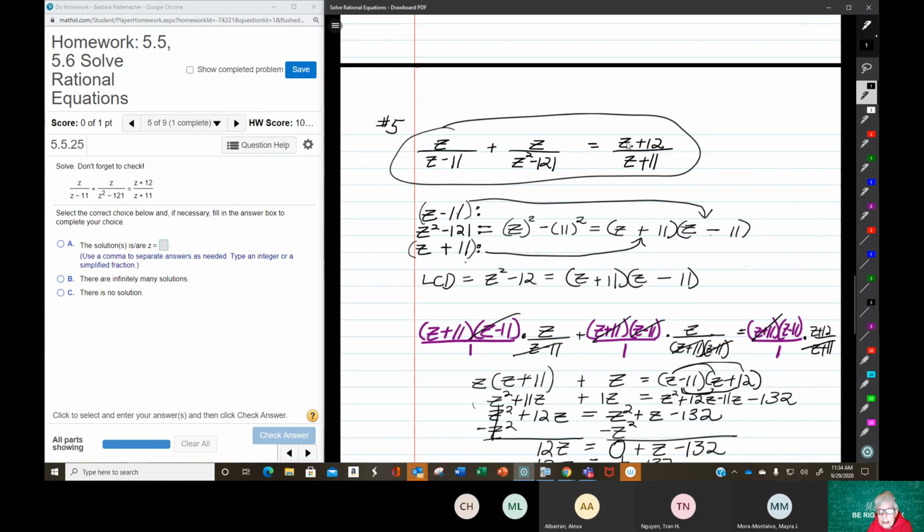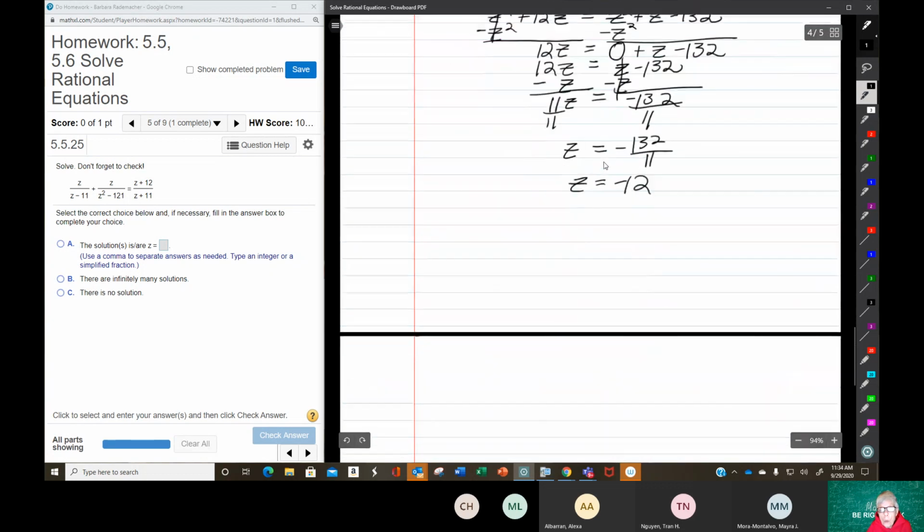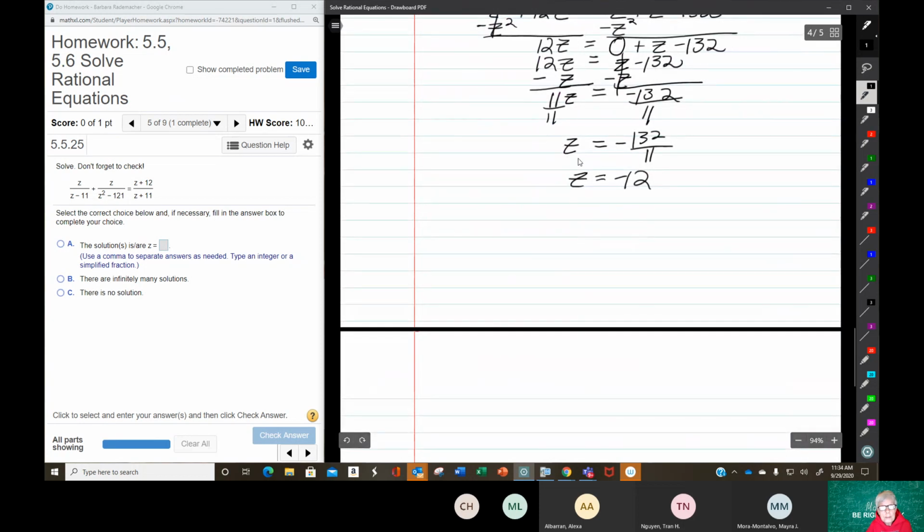And since Z squared minus 121 factors into this, if I put a negative 12 in either one of those, I will not get 0. And if I put a negative 12 in for Z over here, I will not get 0. So negative 12 is a wonderful answer. You do have to double check it though.